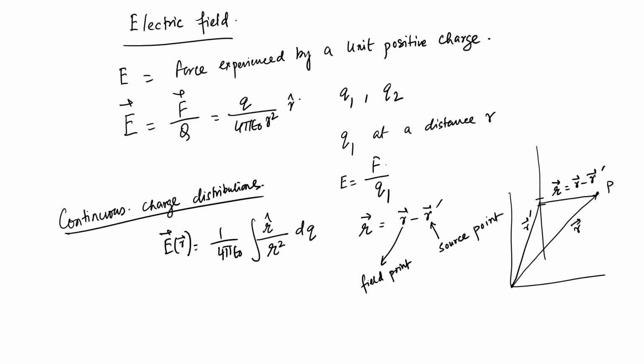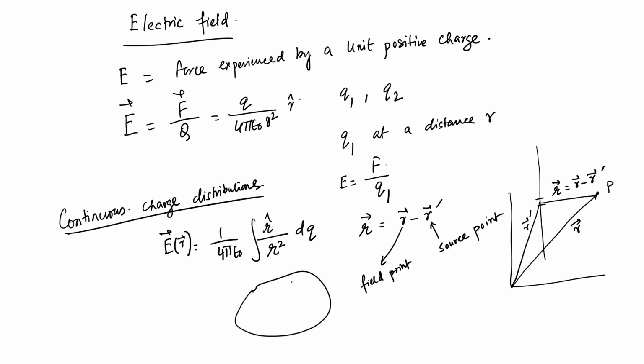Okay. So, that is the definition of this curly r, and the unit vector associated with this curly r is that r cap vector. So, E is equal to 1 by 4 pi epsilon 0 times r cap by r square. I have given you a line charge example. We can also have a charge which is on a surface.